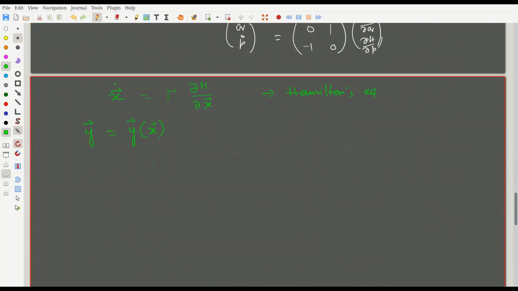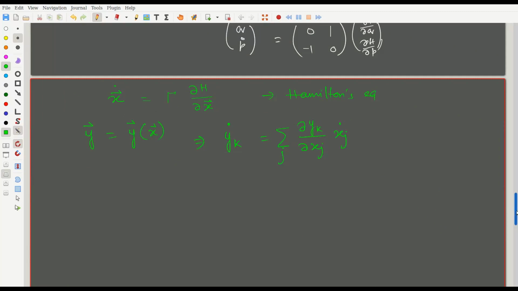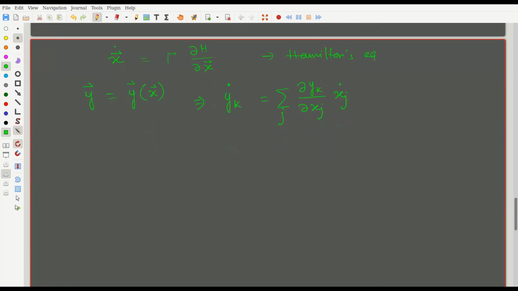Suppose I focus only on the kth coordinate. Then I can write yk dot equals del yk del xj times xj dot, summed over j. So it depends on the old coordinates; these xj's are the old coordinates, remember.